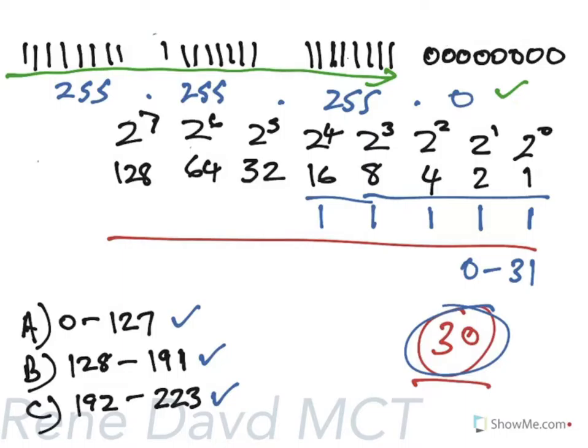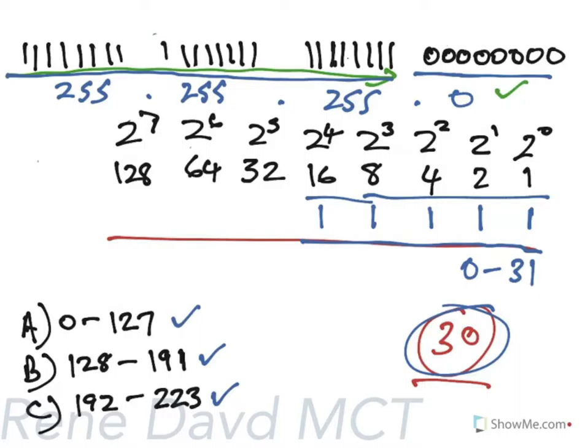Now that we know how many bits we need to get to 30 hosts, if you look up here, you'll see that all the network bits are 1s and all the host bits are 0. Because we're calculating for 30 hosts, these values over here should actually be zeros, because those are our host bits.